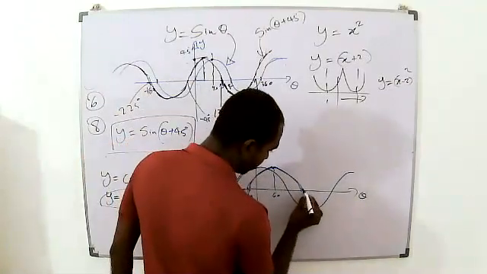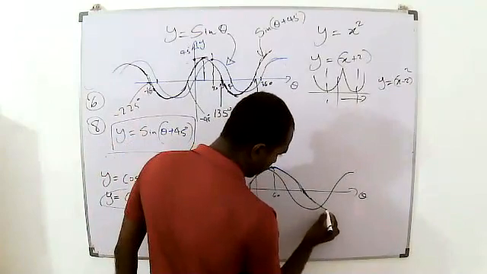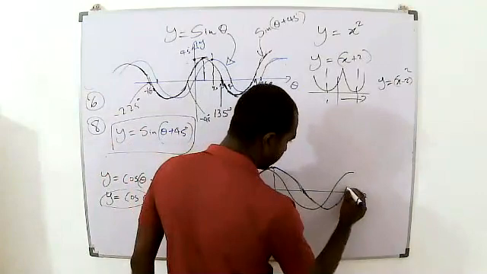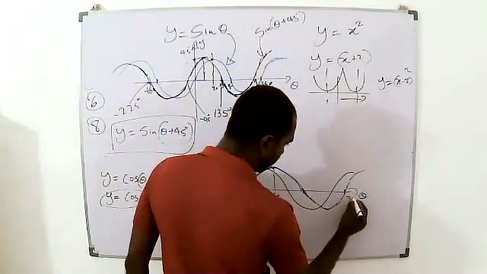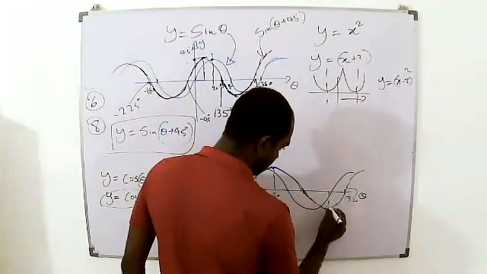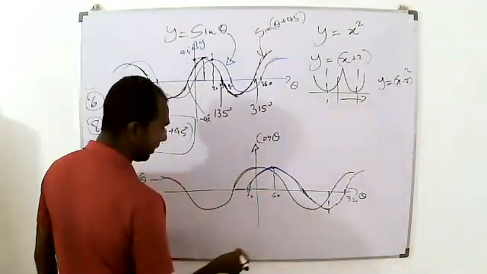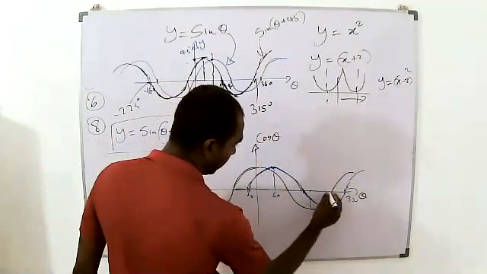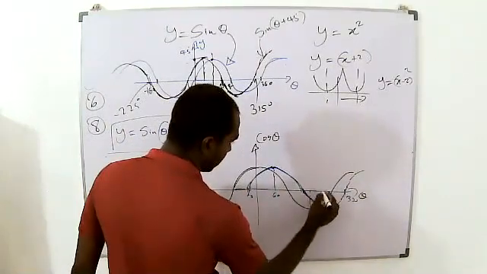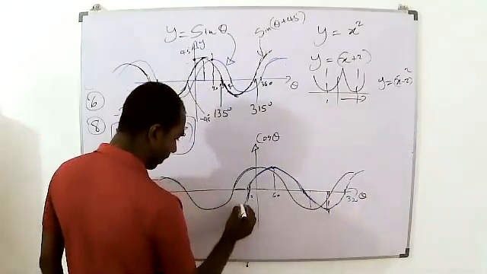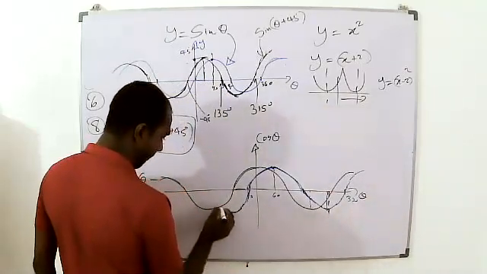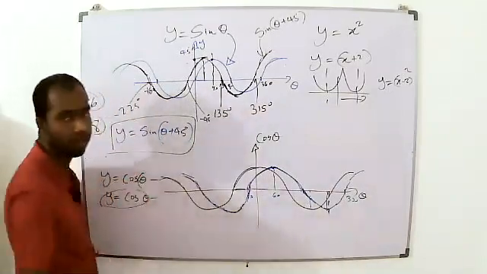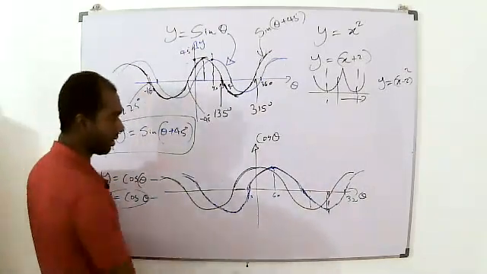So like that, it's going down. This was 270. Now it's 330. Earlier it was here 180. Now it is 240 degrees. So like that, the curve will be like that.